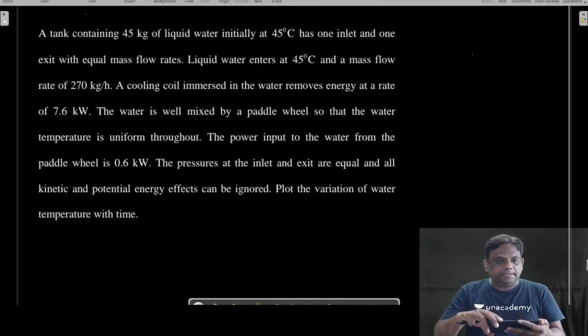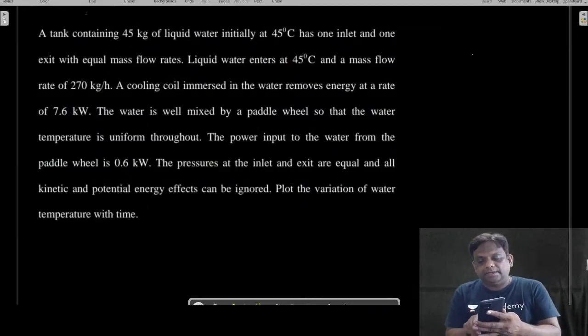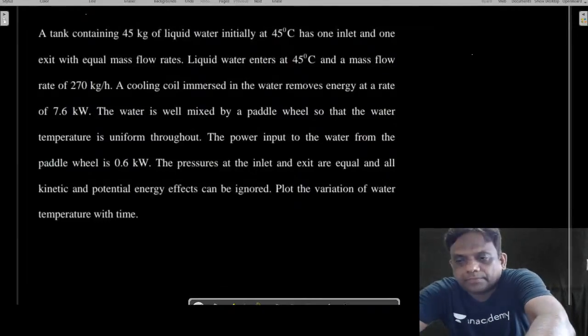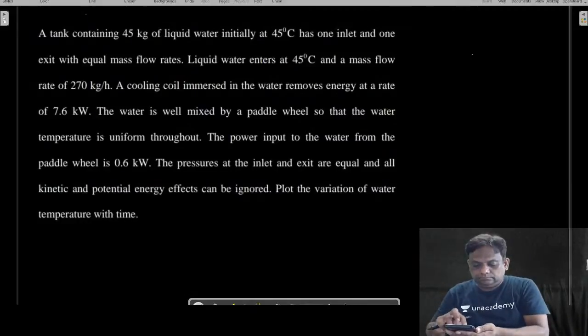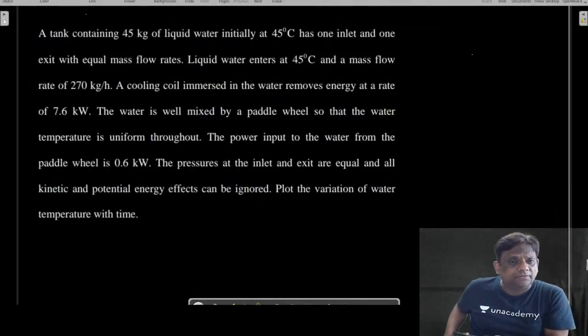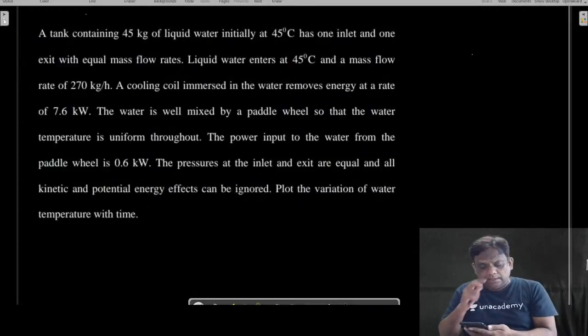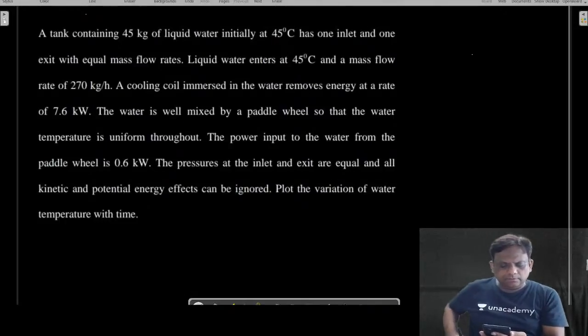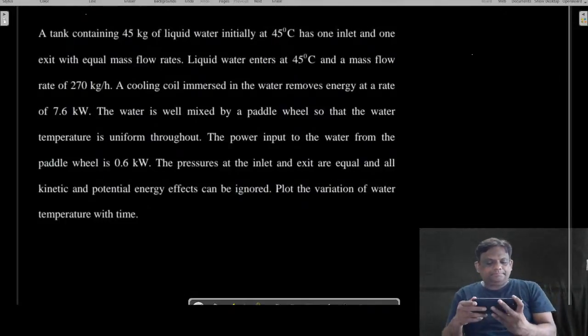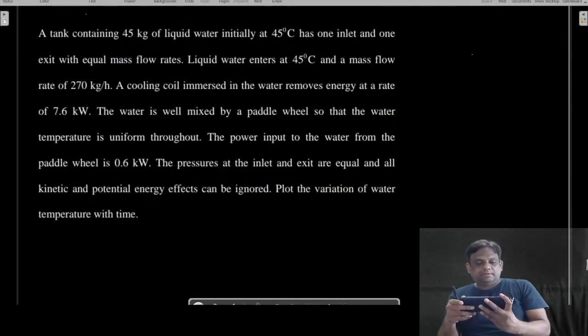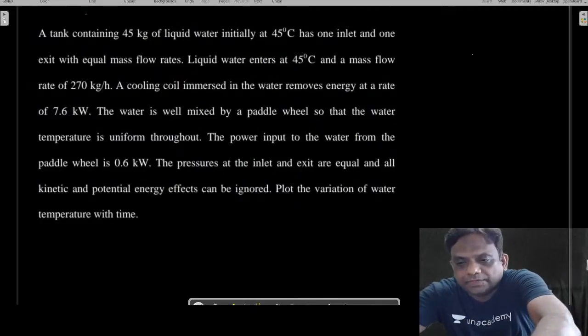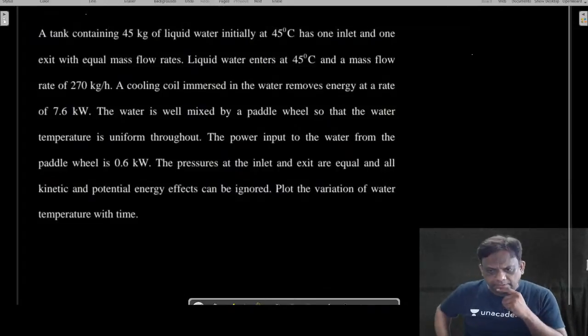A tank containing 45 kg of liquid water, initially at 45 degrees centigrade. This is a very good question. Can you read the question? Yes, no problem.